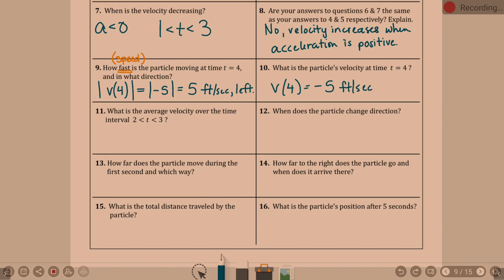So in order to get average velocity, you're doing basically the slope, not of velocity, but the slope of distance. So in order to do this average velocity, we're going to think about the change in distance over the change in time. Because when we talk about average velocity, you're thinking about the slope of a distance scenario.